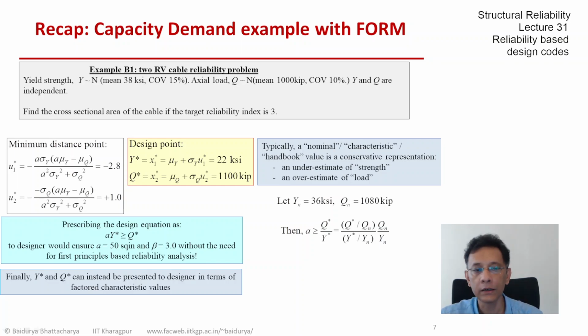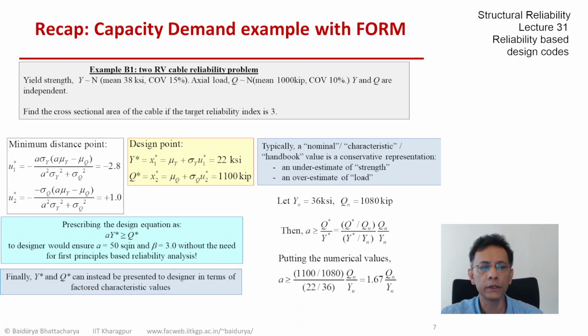You see what we have done on the screen. We have the ratios Q star over Qn and Y star over Yn in the numerator and denominator. Putting in the numerical values, A has to be at least equal to 1.67 Qn over Yn. So presumably Qn and Yn are well-known quantities, and the designer could just pick them up from some design handbook, multiply that ratio with 1.67 and come up with a cross-sectional area.